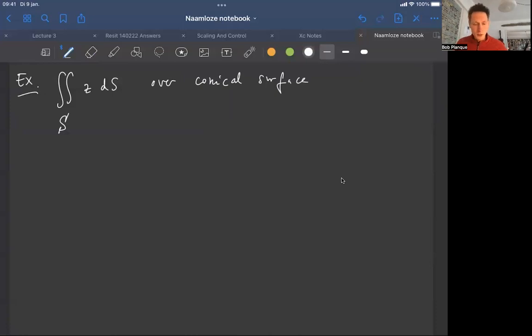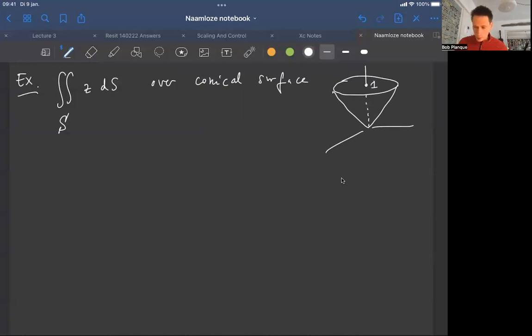So a conical surface is a surface that looks like a cone, and I can draw it like that. And then I have my other planes like that. And here my height is 1.